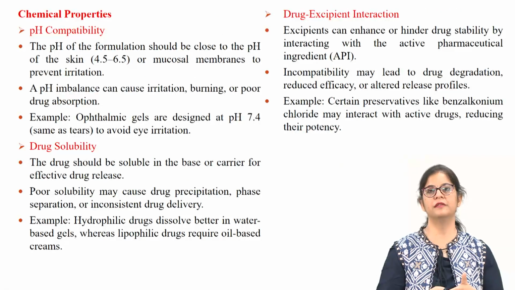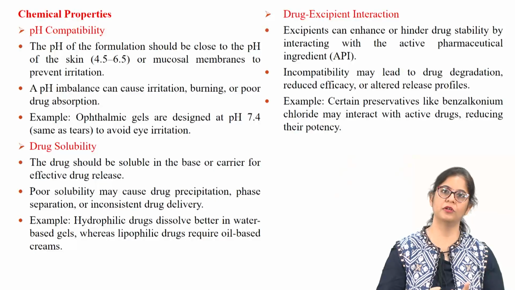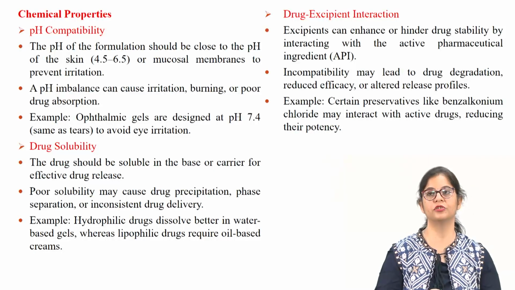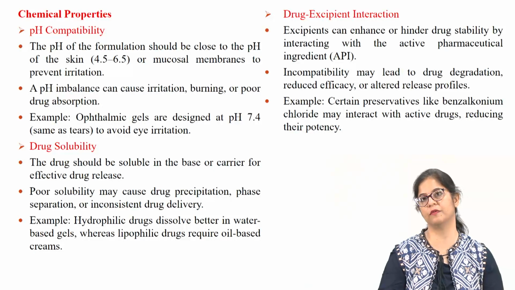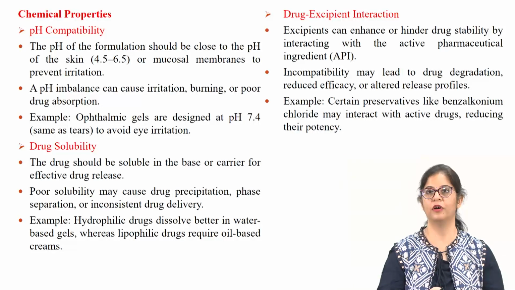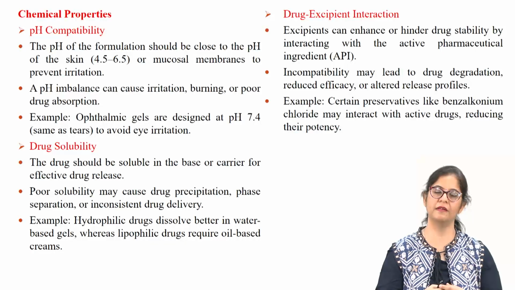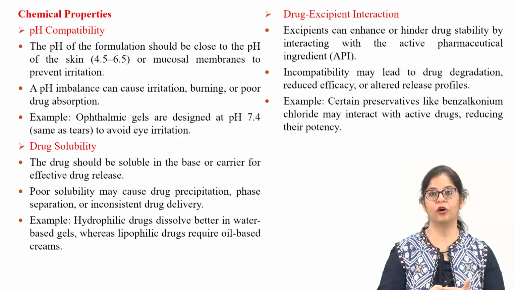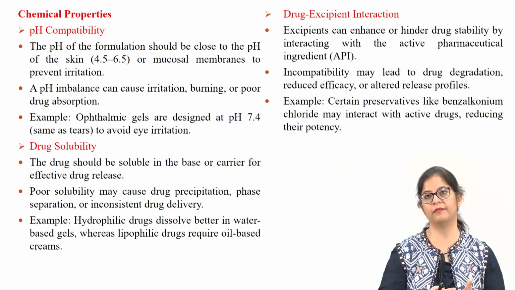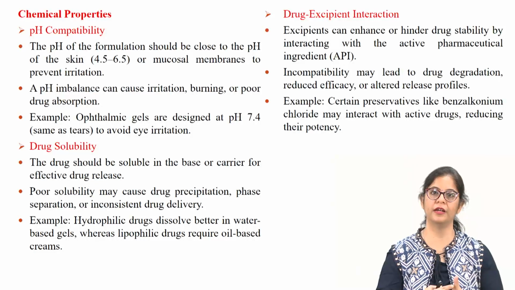Chemical properties are also important. So, the pH of the formulation should be close to the skin pH, that is between 4.5 to 6.5, or that of mucosal membranes, to prevent irritation. A pH imbalance can cause irritation, burning, or poor drug absorption. Ophthalmic gels, for example, are to be at a pH of 7.4, which is the same as tears, to avoid eye irritation.